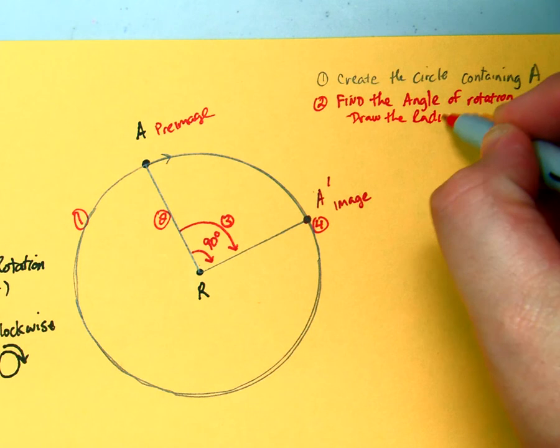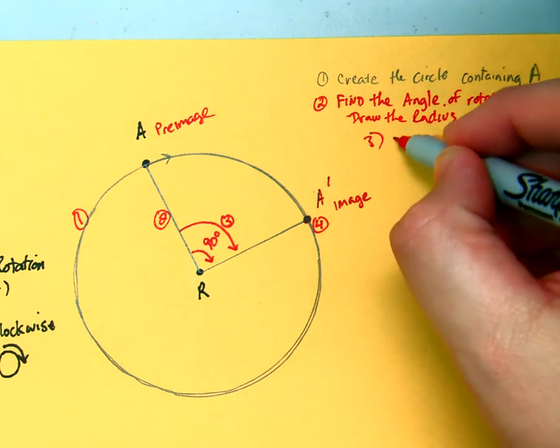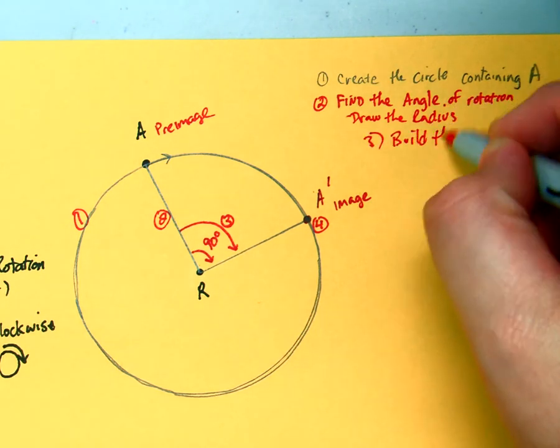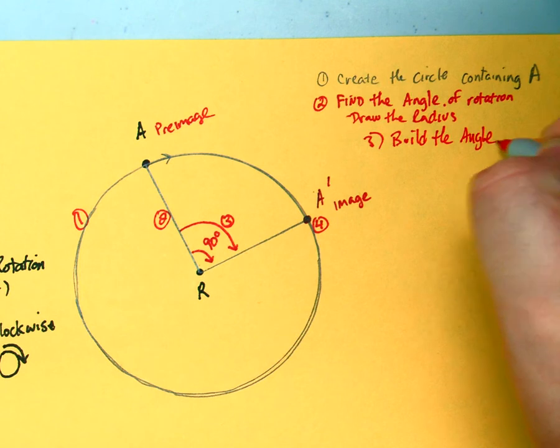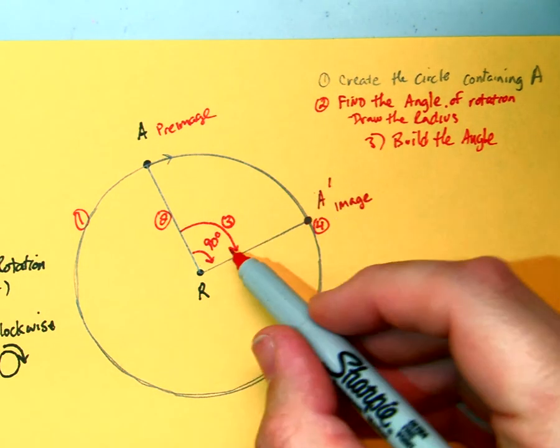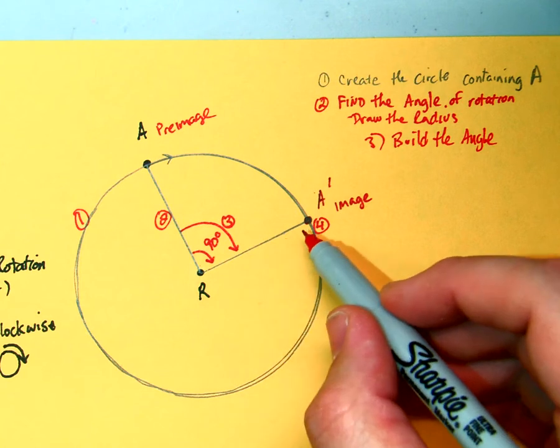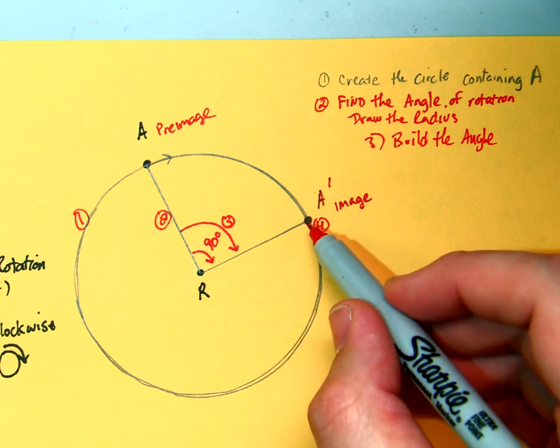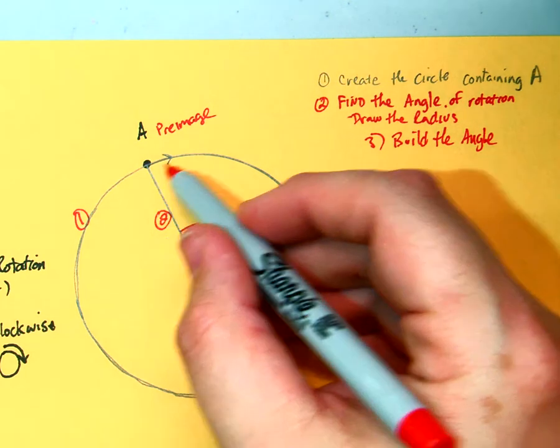Three, build the angle of rotation, which we did. And then 4 would be find out where it intersects back on the circle, because now this is 90 degrees. So we got our 90 degrees in this case.